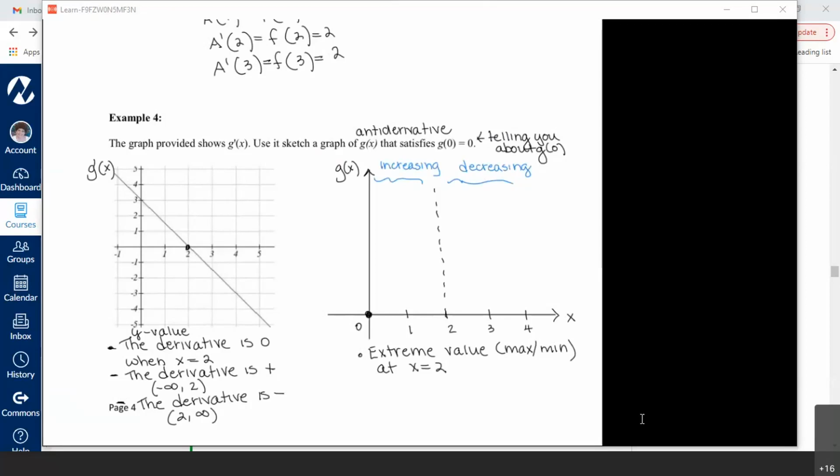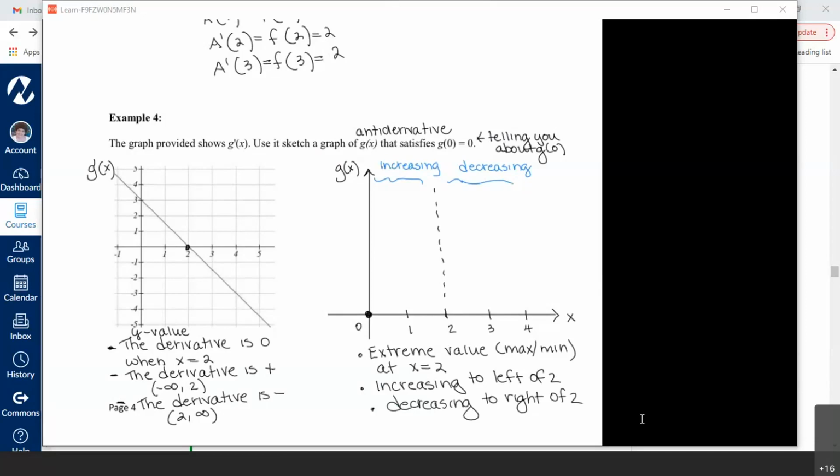So if it's increasing up to an extremum and decreasing away from it: increasing to the left of 2, decreasing to the right of 2. That's what all that information tells me about g of x.